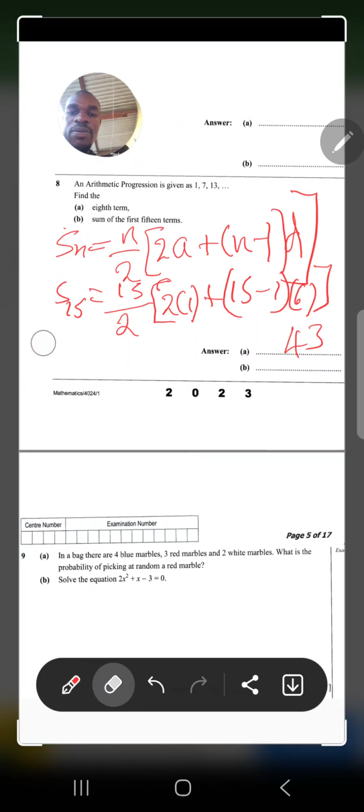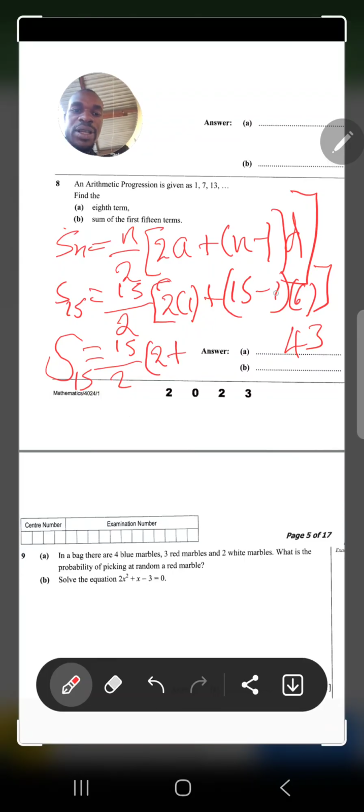Okay, so the sum of the first 15 terms will be equal to 15 over 2 open brackets 2 plus (15 minus 1), it is 14 times 6. 14 times 6 is 84.